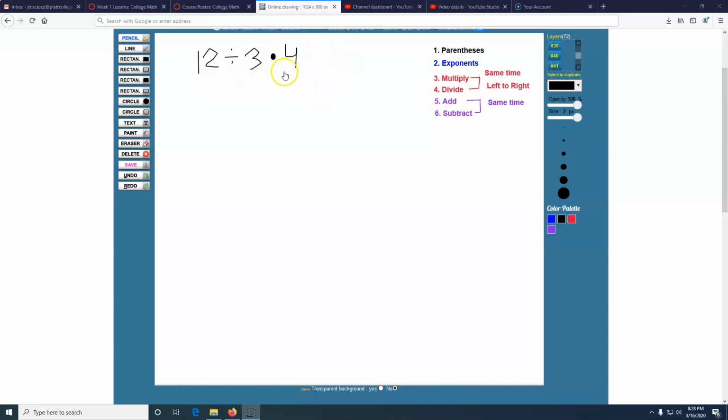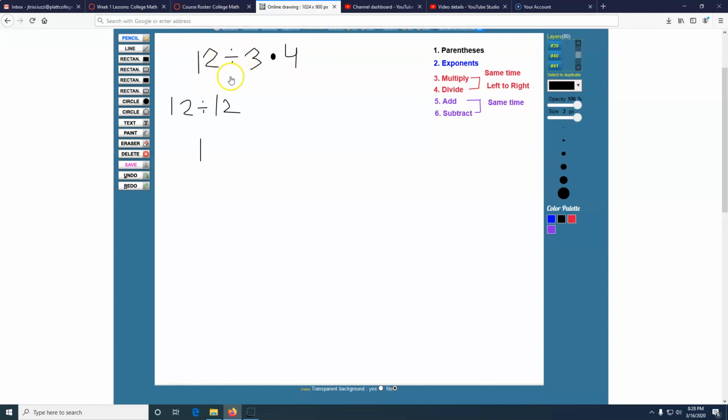Okay, so if we go that route, what we end up getting is 3 times 4 would give us 12. And we're going to go into 12 with that. And of course, you would think, okay, well, in this case, my answer must be 1. But that would actually be incorrect. The proper way to do it is divide and multiply from left to right.